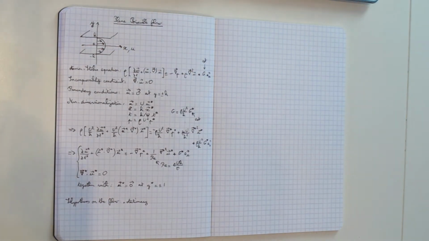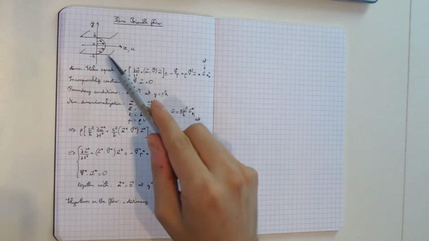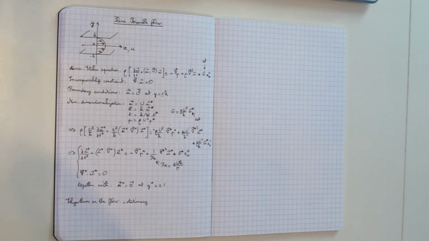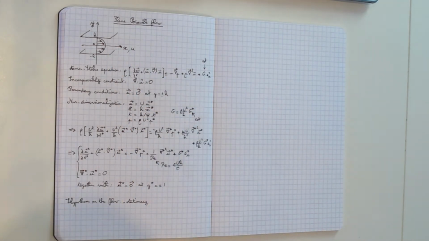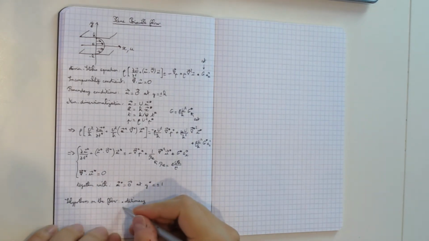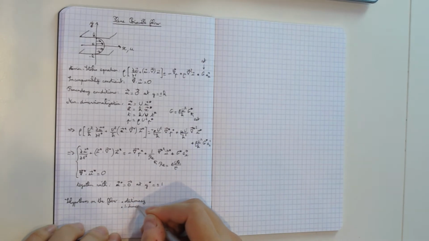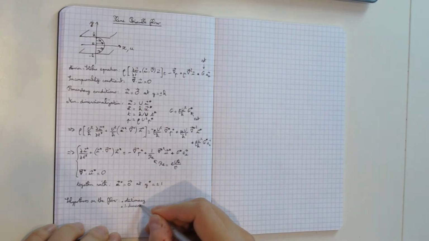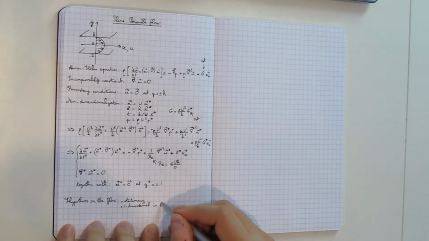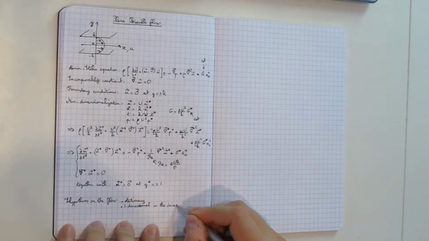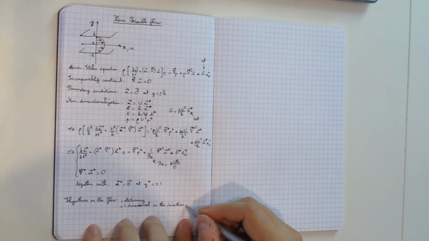And furthermore, we also can assume that there's no flow in the z transverse direction, because we could just reorient our axis in such a way that the forcing term and the flow directions are aligned. So we also want that flow to be one-dimensional in the direction of forcing.